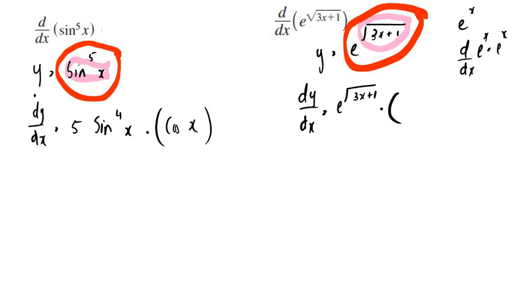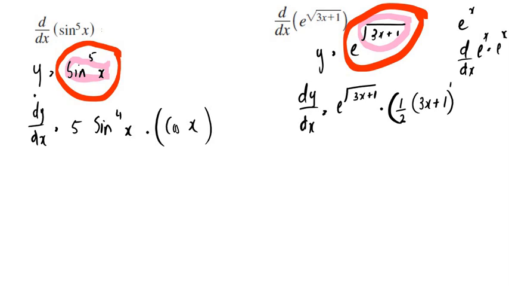So dy over dx is equal to e to the power square root of 3x plus 1. Now we multiply by the differentiation of the baby function. The baby function is 3x plus 1 to the power half.